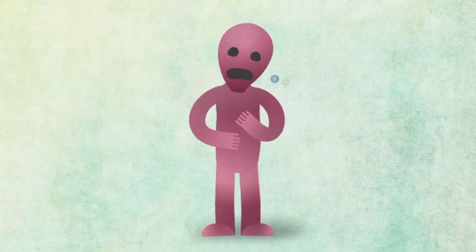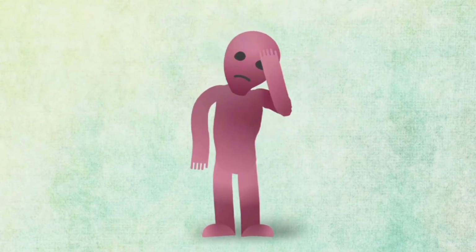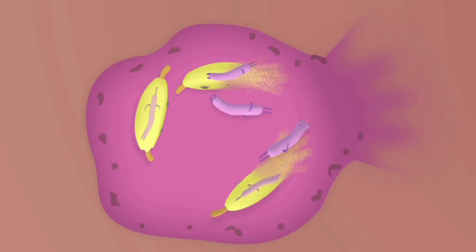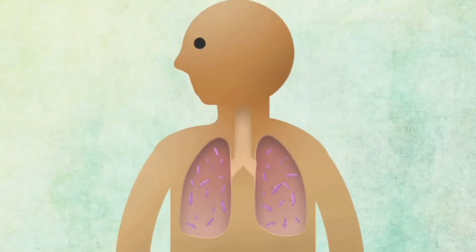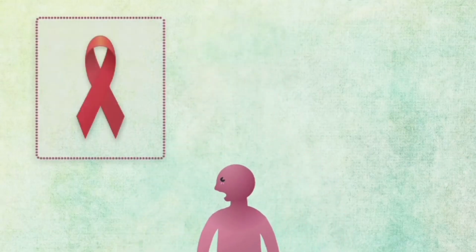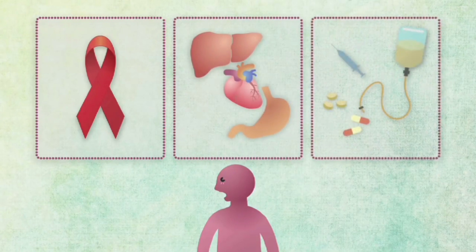This often happens with young children, whose immune systems are not fully developed. In other cases, latent TB can wake up and become active TB. This can happen months later, or even years later, especially in adults with weak immune systems. For example, people who are HIV positive, or who've had organ transplants, or who are undergoing chemotherapy.